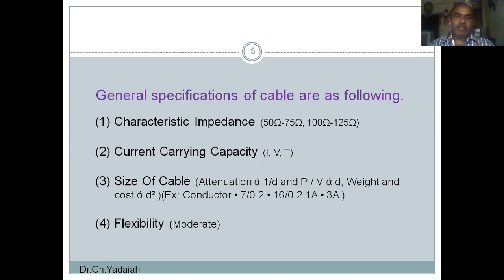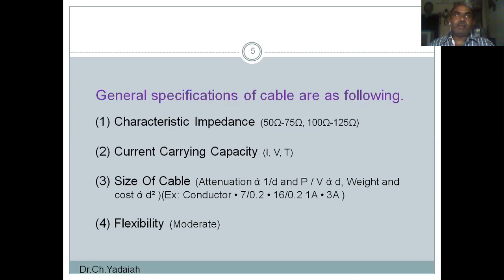At the same time, the specification of the cable also depends upon its current carrying capacity. The current carrying capacity depends upon how much current it has to bear without heating, how much voltage it can withstand without puncturing, and how much temperature it can withstand. Whenever the normal full load current is passing, no heat is developed.